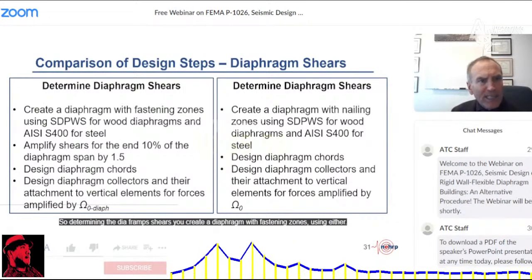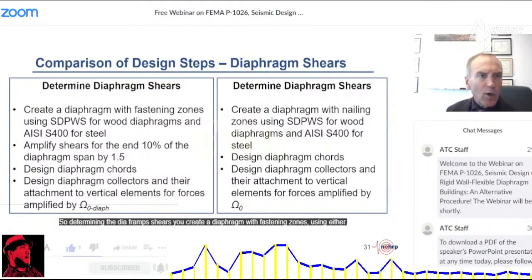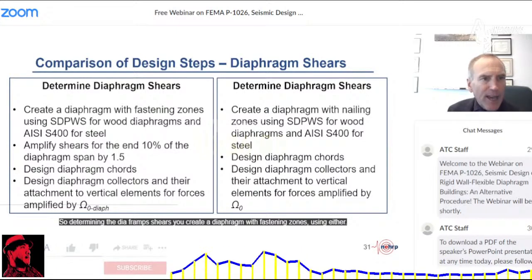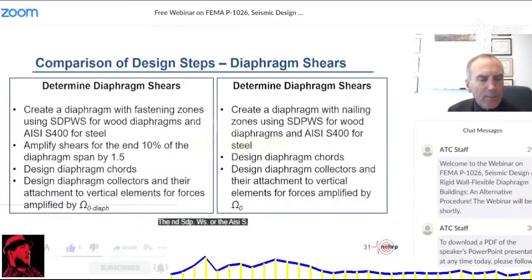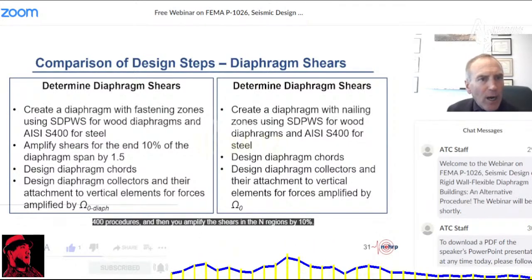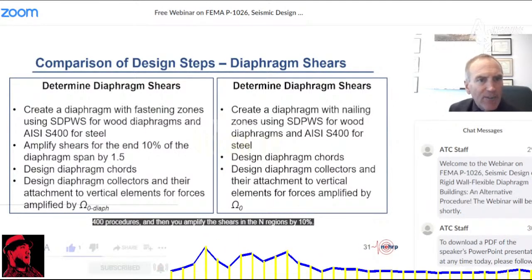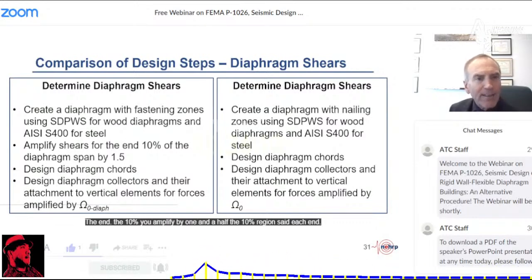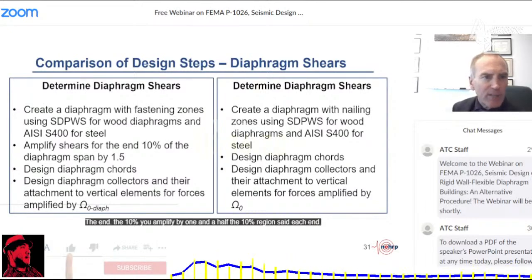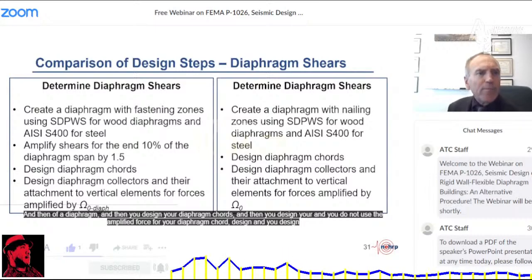So determining the diaphragm shears, you create a diaphragm with fastening zones using either the NDS SDPWS or the AISI S400 procedures, and then you amplify the shears in the end regions by 10%. The 10% you amplify by 1.5, the 10% regions at each end of the diaphragm.